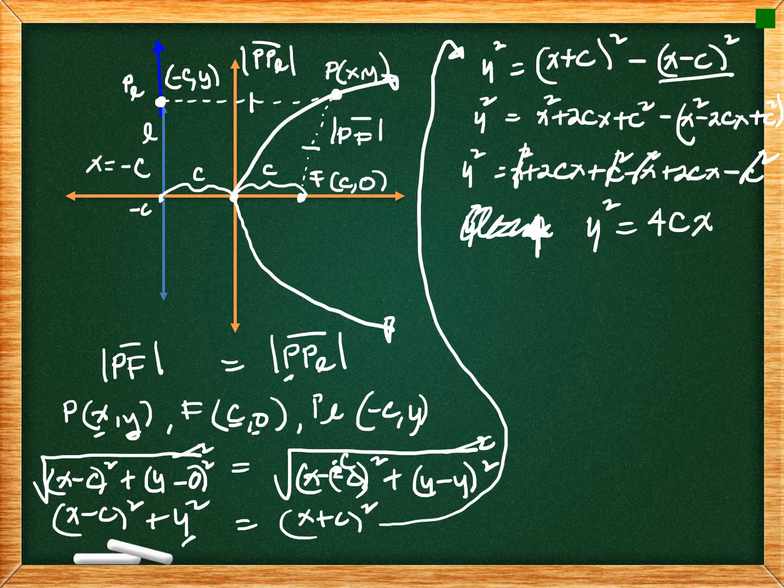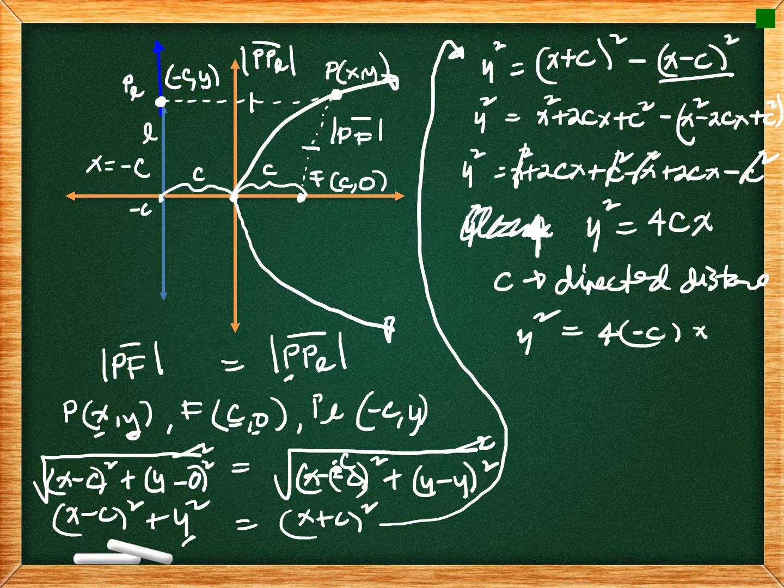So what can you say now? What's the difference between the equation of a parabola that's opening to the right, and the equation of a parabola that opens upward? You see, if we try to flip the graph and make that parabola open to the left, since C is a directed distance from the vertex to the focus, then the formula would be Y squared equal to 4 negative CX, which is Y squared equal to negative 4CX.